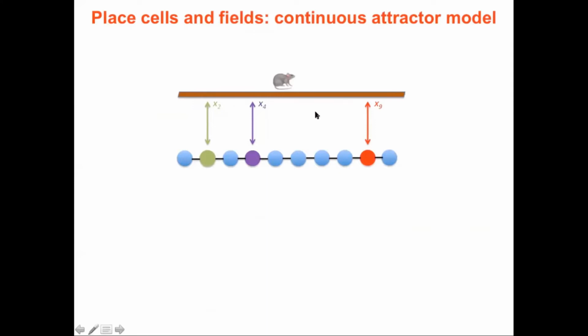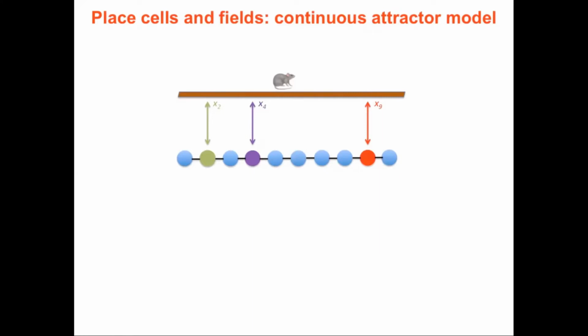So I will draw my place cells according to the place field position or place field centers they have. So for instance, the green cell corresponds to some position x2, which is small, or to the left of the environment, while the abscissa of the red place cell, x9, is actually large and corresponds to a position which is on the right of the environment. And you see here the purple one somewhere in the middle.